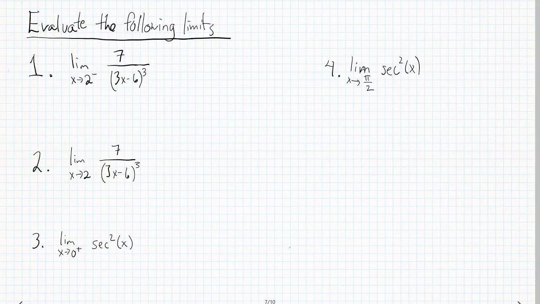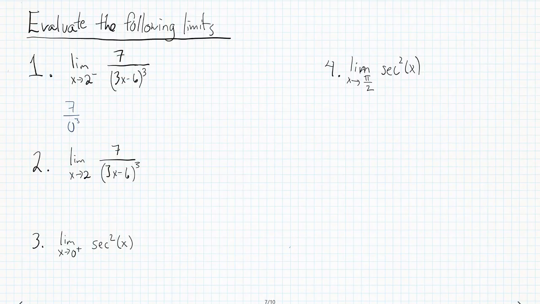When we plug in, we get 7 over 0 cubed. This is not an indeterminate form. So you're going to have a few cases: you can have either infinity, negative infinity, or undefined.